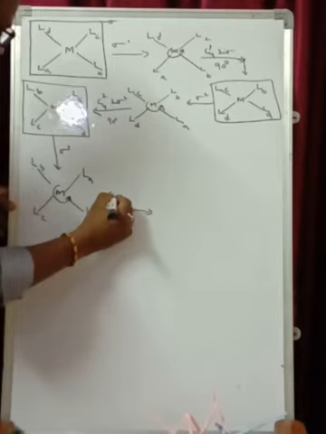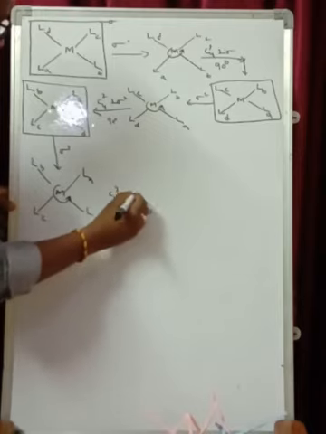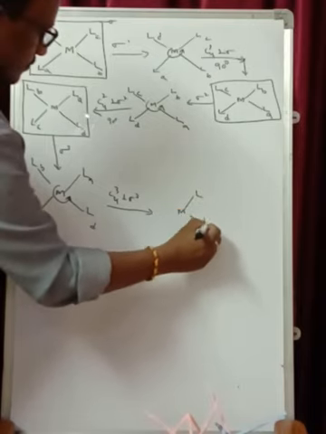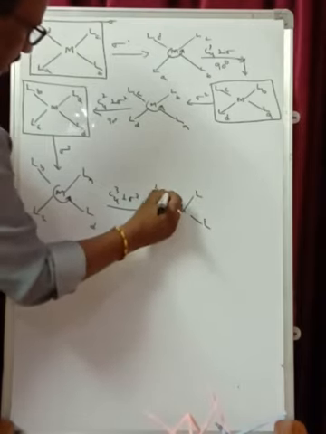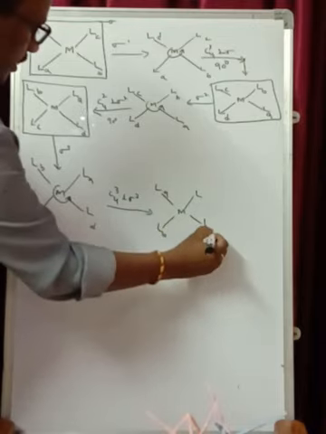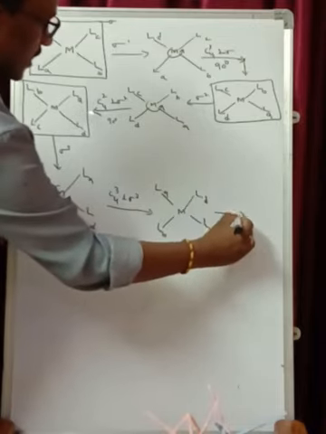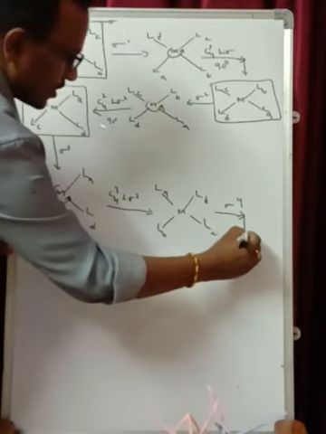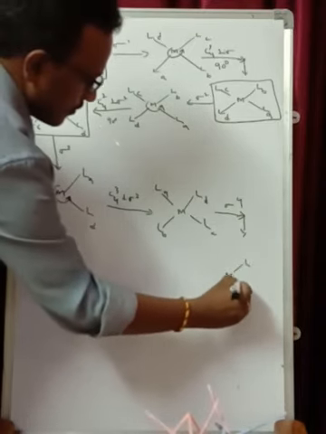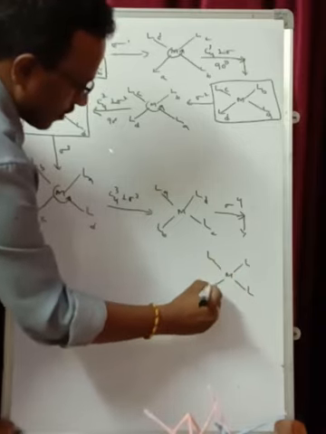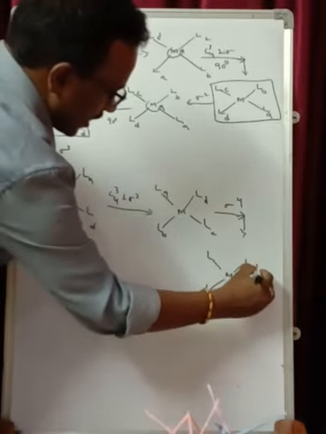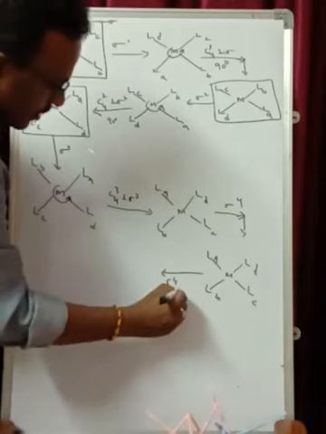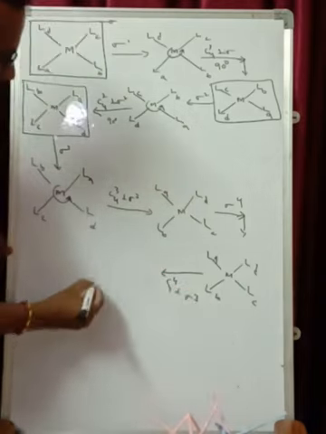So we write C4 3 perpendicular to sigma 3, which gives you LA, LB, LC, LD. This is again followed by sigma 4, which will give you LB, LC, LD, LA. This is again followed by C4 4 perpendicular to sigma 4.